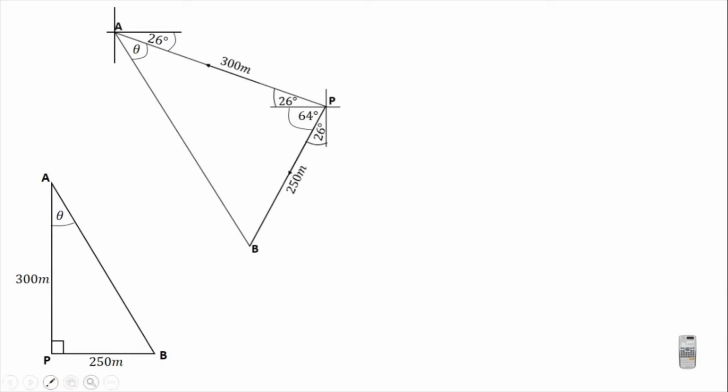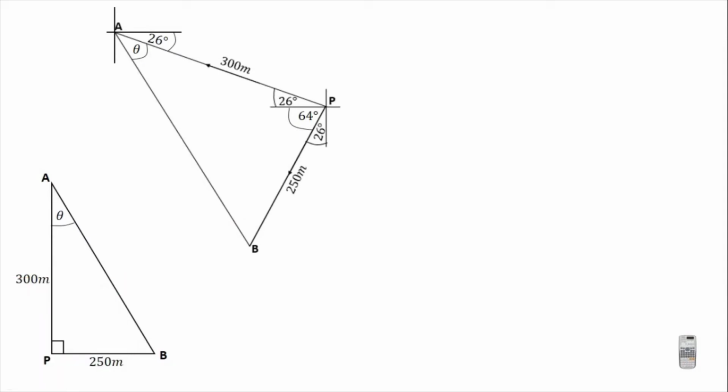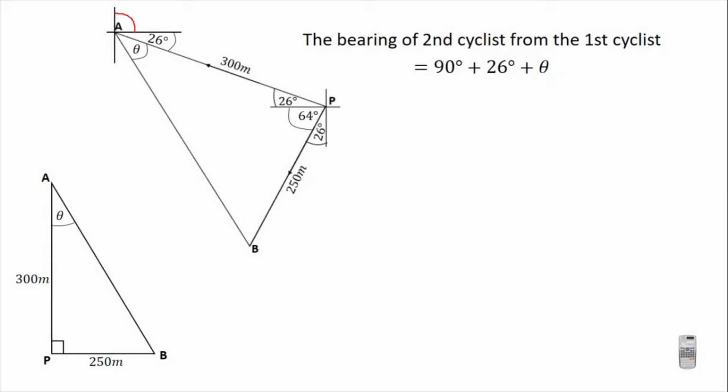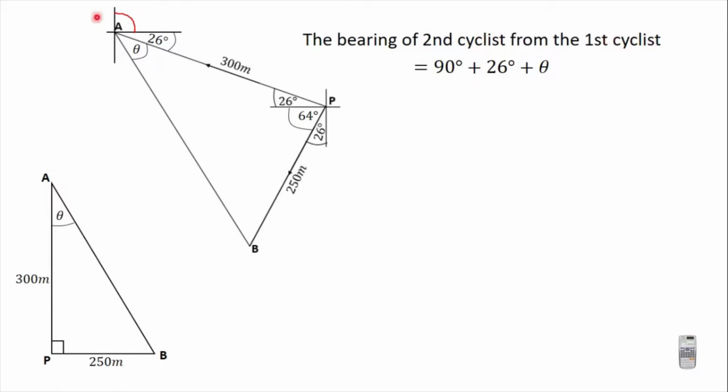So you can see from here that as soon as I'm able to find theta, I can add 90 degrees to 26 degrees to theta in order to get the bearing of B from A. So the bearing of the second cyclist, which is B, from the first cyclist, which is A, will give us 90 degrees plus 26 degrees plus theta. So what I need to find now is theta.